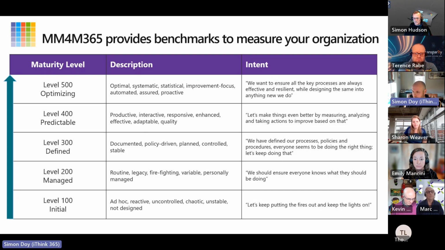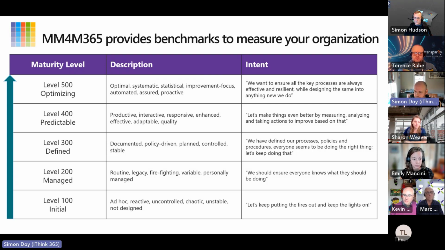So maybe when you first set up Microsoft 365, you'll have an initial level, and it's uncontrolled, it's chaotic. Then as we're looking to improve things, get a bit better, we move into level 200, manage, where things become a bit more routine. We've got a bit more process around how we achieve things, but it's not rolled out across the organization, and there's still firefighting going on.